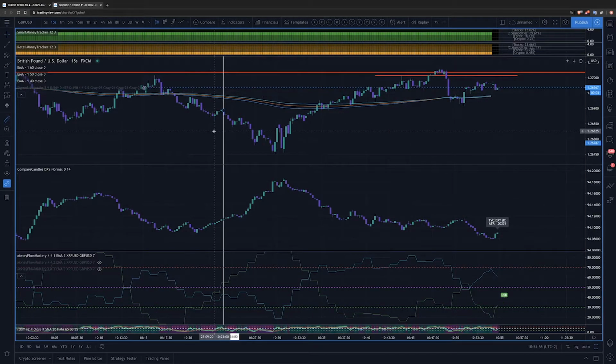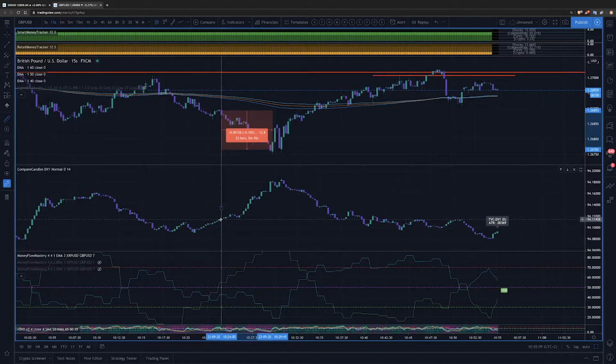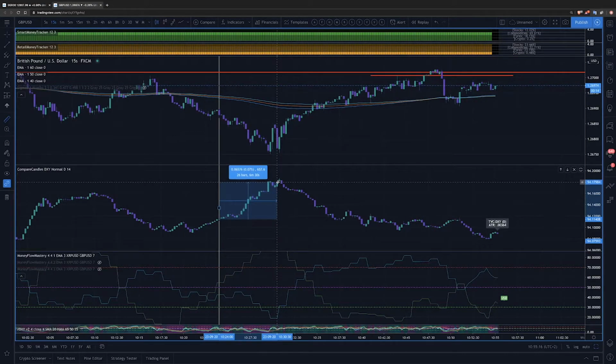So if you were shorting the pound dollar from there to there, it would be 12.8 pips. And then going long on Dixie would have been 662 points, so 0.7%.